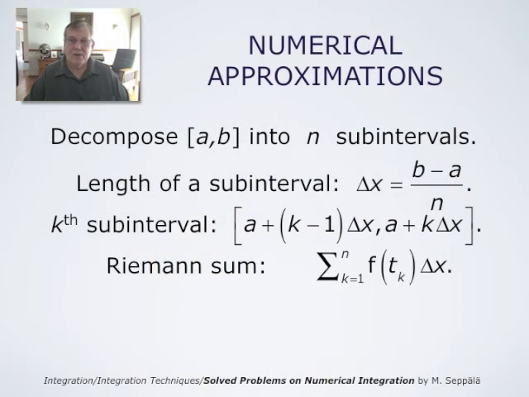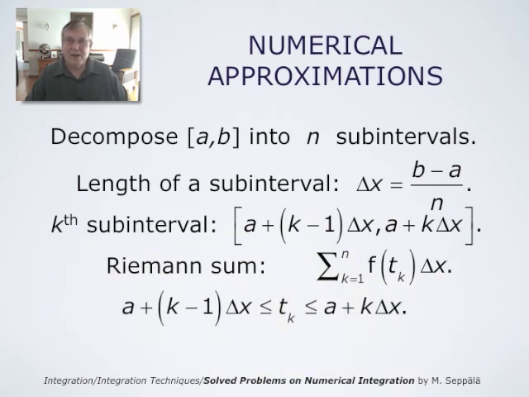We choose the tag points tk from these subintervals, and we form the Riemann sum, summation k from 1 to n, f evaluated at the tag point tk times delta of x. That is the area of the corresponding rectangle, assuming that f is positive at the point tk. If f is negative at the point tk, then this is negative of the area.